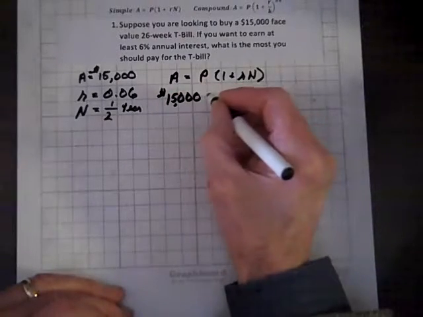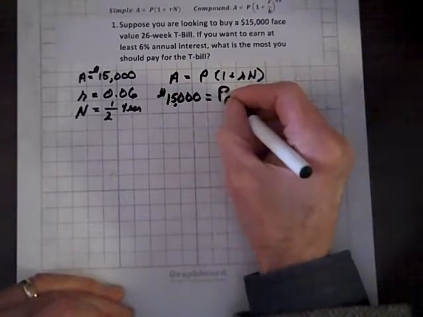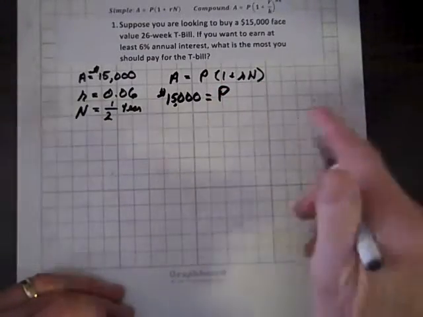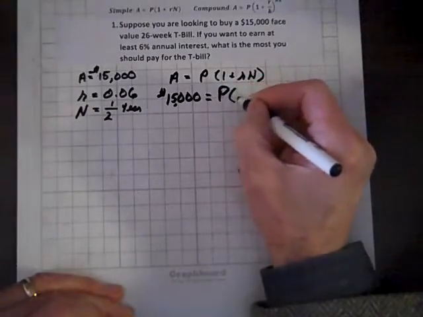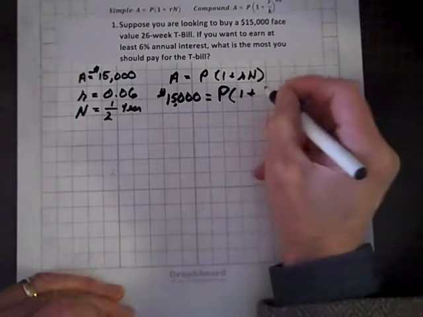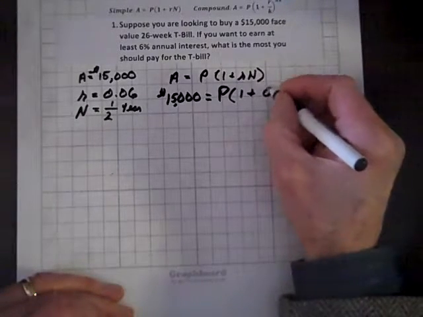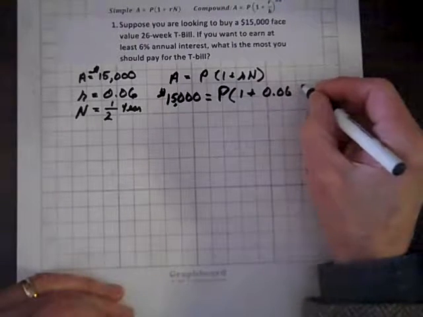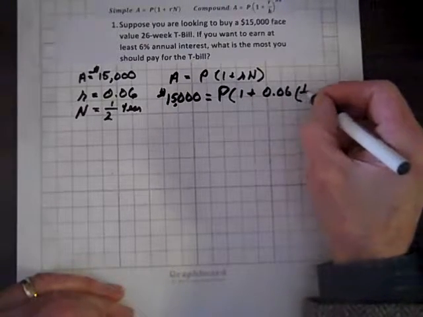So then $15,000 is going to equal, we don't know how much we're going to have to pay for this thing. That's what the question is. So P times 1 plus the rate, 0.06 times 1/2.